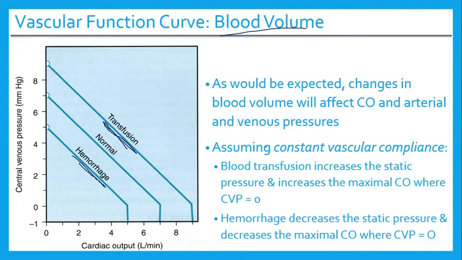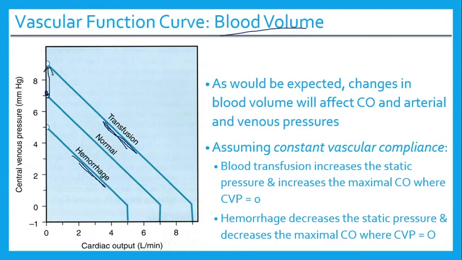So, if we look at this vascular function curve, if you assume that the vessels are remaining the same, if they have the same exact compliance, well, an increase in blood volume increases the static pressure, right? So that's what you're seeing here. This is normal, right? So this is when cardiac output is 0.